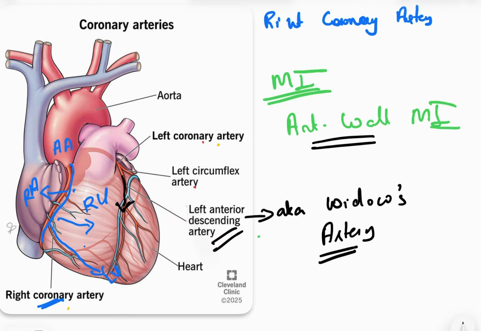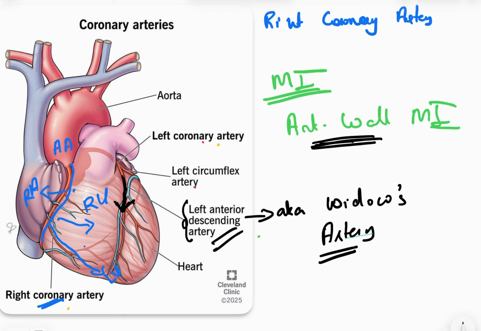The left anterior descending artery supplies blood to the anterior wall, and if there is any disturbance in the blood flow towards it, the patient will have an anterior wall MI. That's why this is known as the widow's artery.